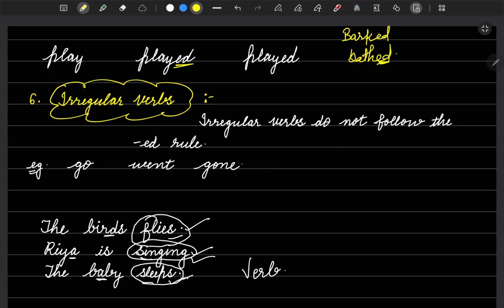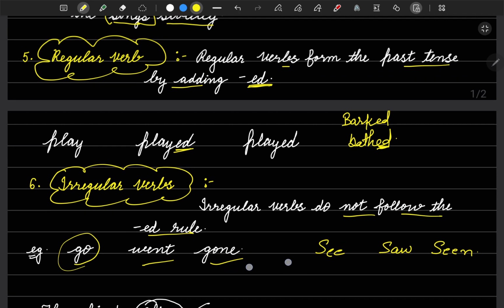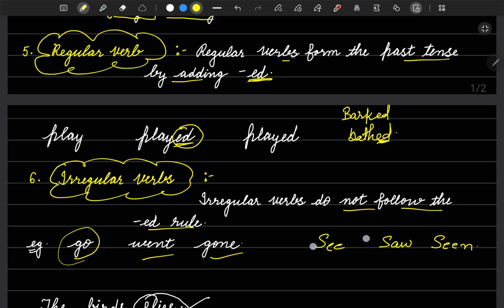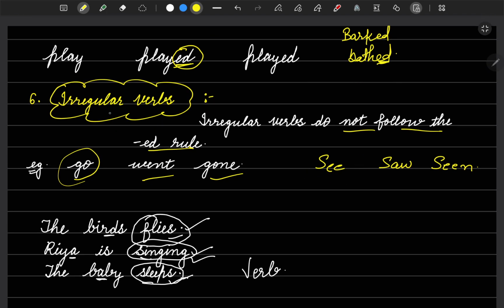And irregular verbs do not follow the ed rules. For example, go, went, gone. Like see, saw, seen. If the verb ends with ed, then it is a regular verb. If they don't end with ed, then they are irregular verbs.